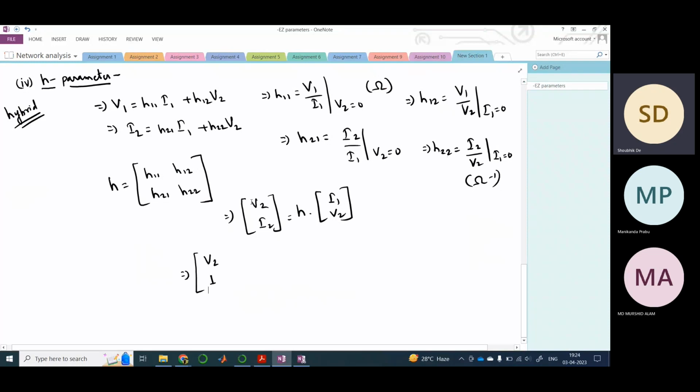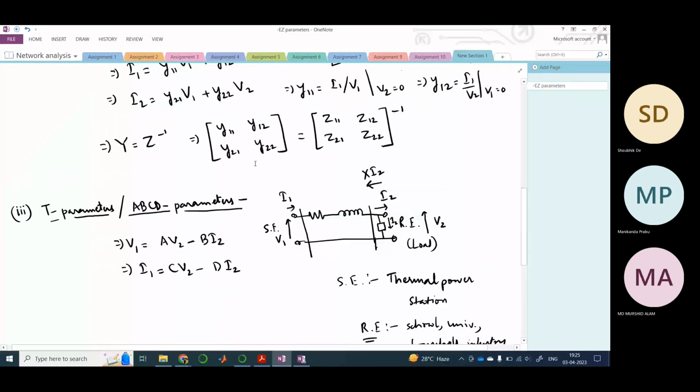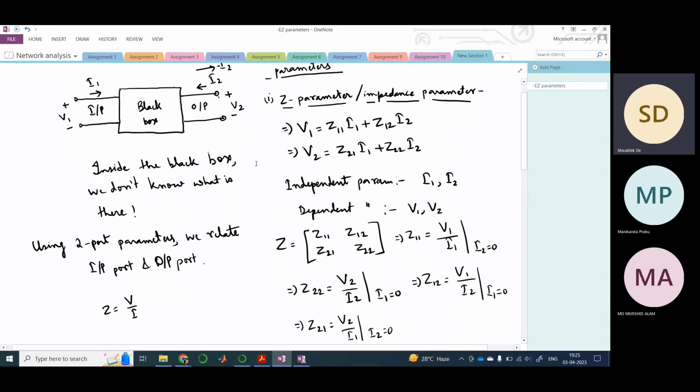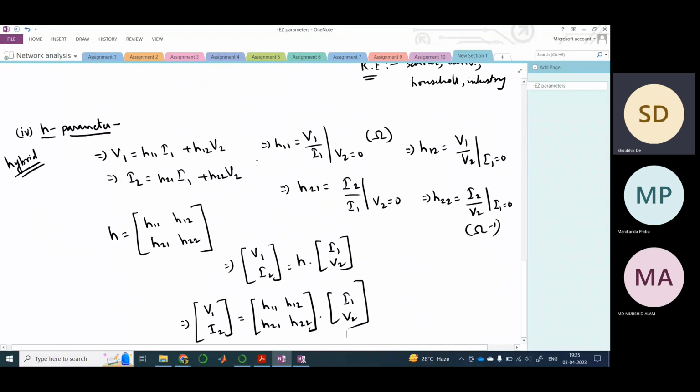Sorry, this would be V1, and this would also be V1, and this is I2. So this is your H11, H12, H21, H22 into I1 V2. A similar thing you can also do for the remaining parameters. So this is in general the basic concept of two-port theorems.